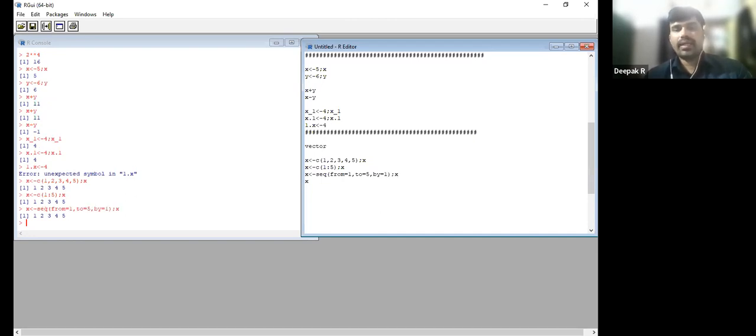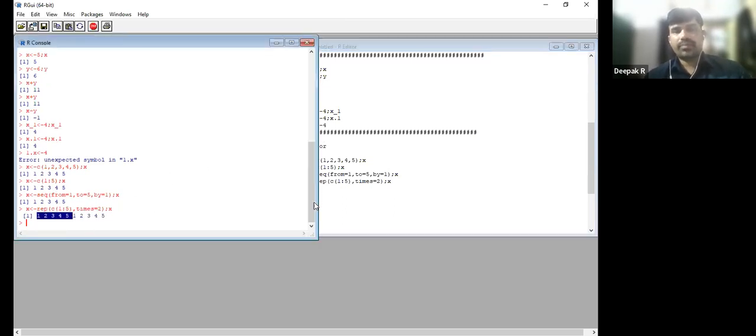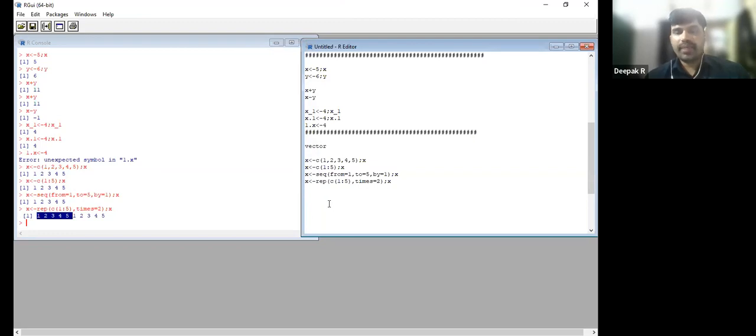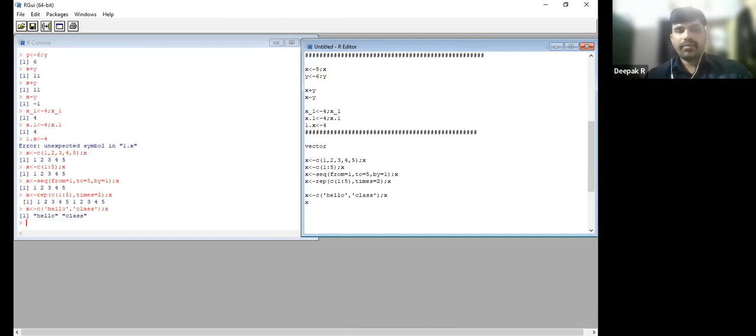Then I can have the repeat function, wherein some value is repeated some number of times. So if I say 2, it will be repeated twice. If I have a vector of numbers, I can have a vector of text values also, for example, hello class, and I can have a vector of Boolean values also.